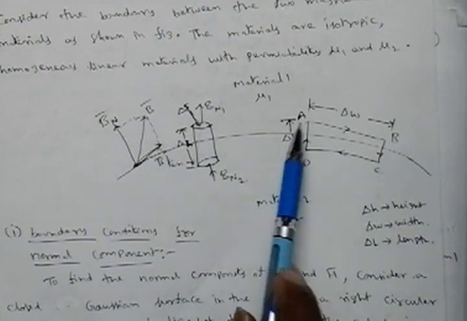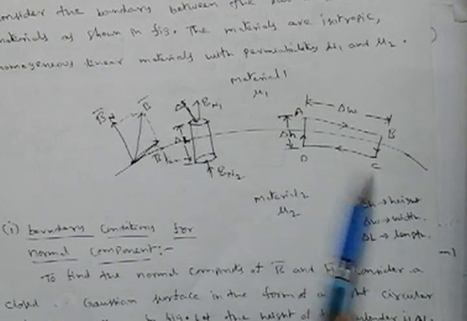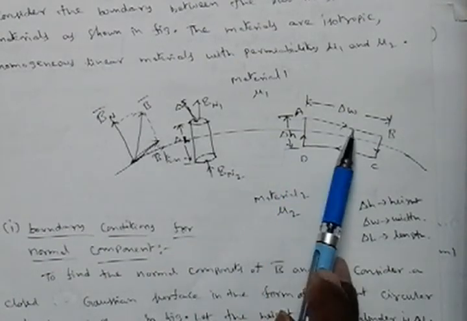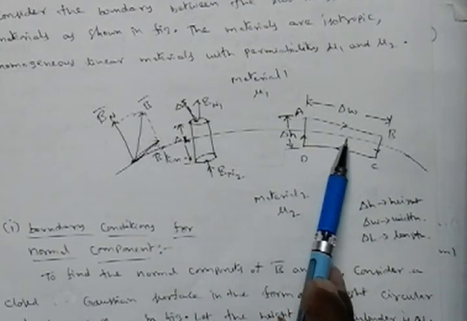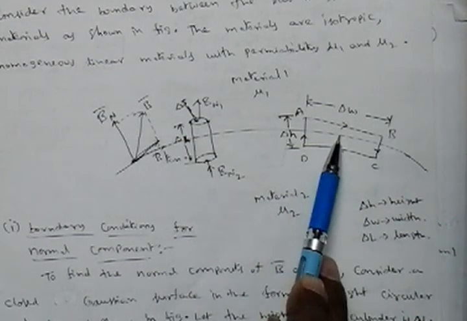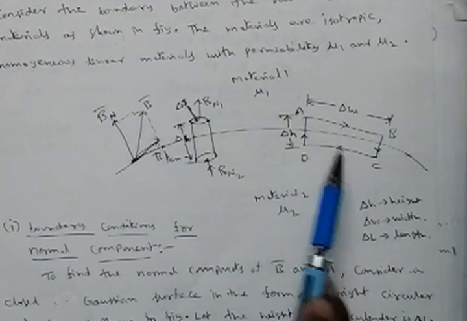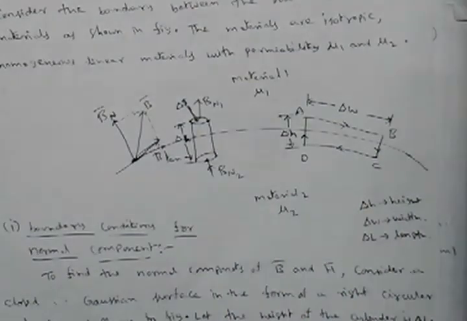A to B length is delta W. Similarly C to D length is delta W. When delta H is 0, AB is tending towards the boundary line and CD is parallel to the boundary. When CD is tending towards the boundary line, then this side as well as this side both will be 0. So the BC term as well as the DA term is neglected. Only the integration A to B and the integration C to D are considered as per the mathematical equation.